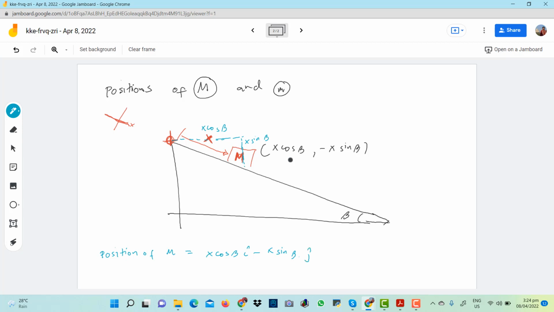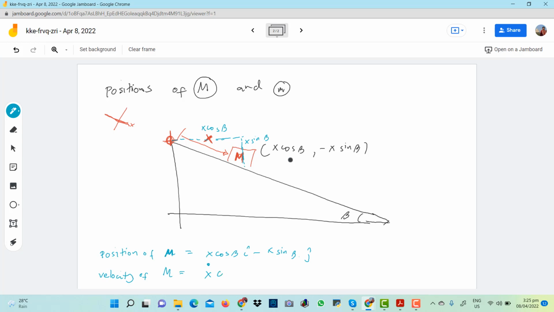So that is the position of my M. If I have the position of my M, I can get the velocity. My velocity of M, I just derive it. Take note beta is constant, so what you derive is only this.